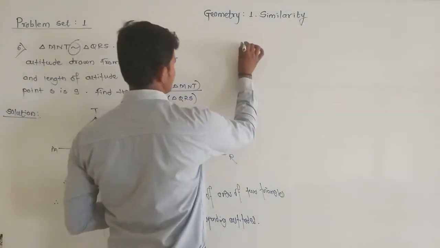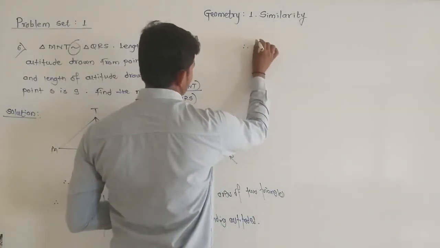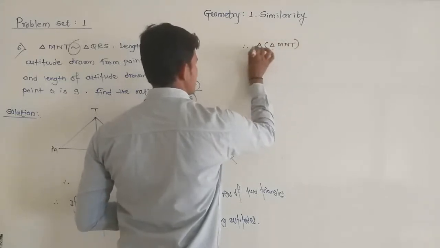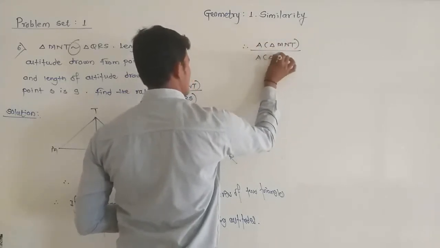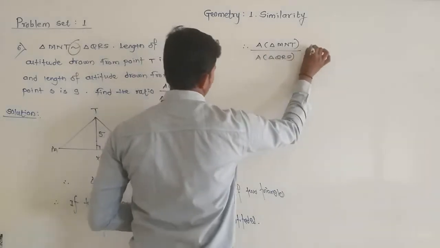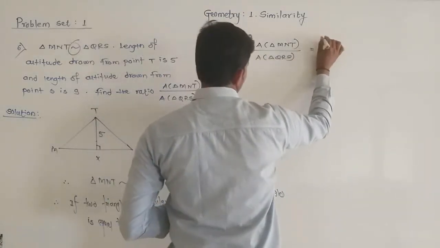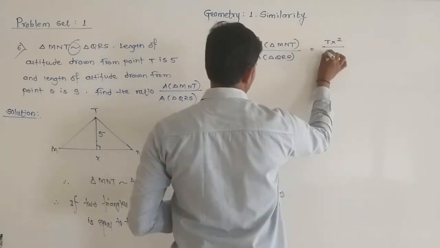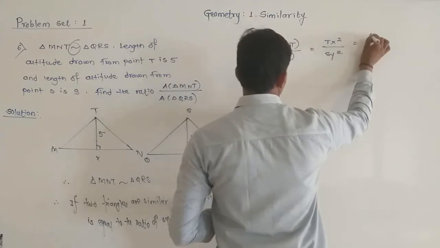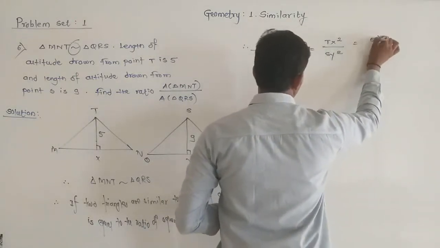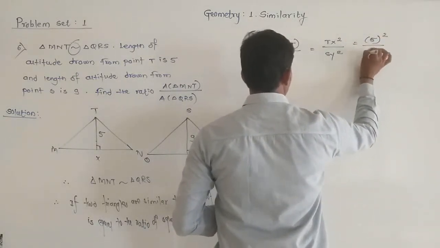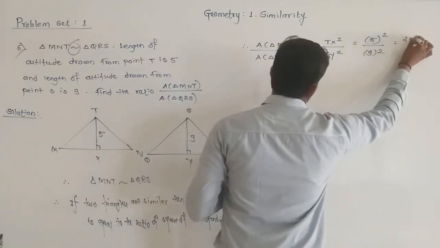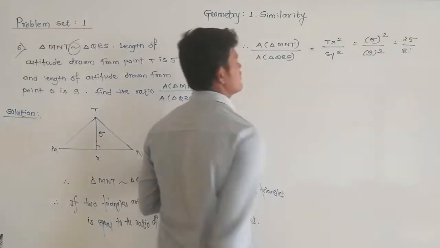So we get area of triangle MNT to area of triangle QRS equals the altitude of the first triangle, Tx squared, divided by the altitude of the second triangle, Sy squared. The length of Tx is 5 and the length of Sy is 9, so the ratio of areas of both the triangles is 25 upon 81.